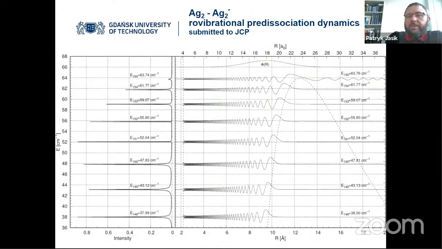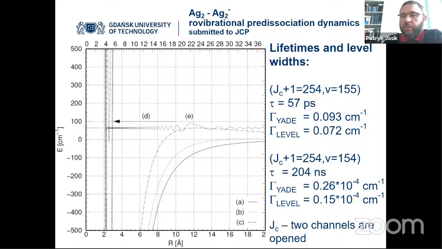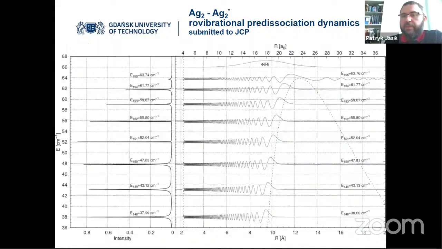And you can see the spectrum of this J equal 254, and you can see several rotational and several vibrational levels.